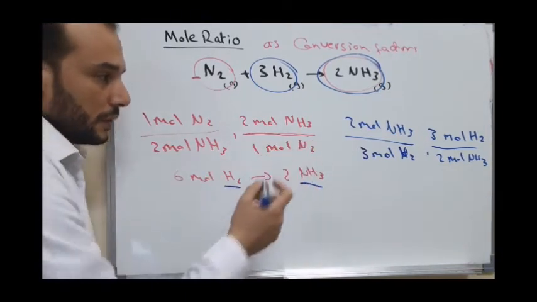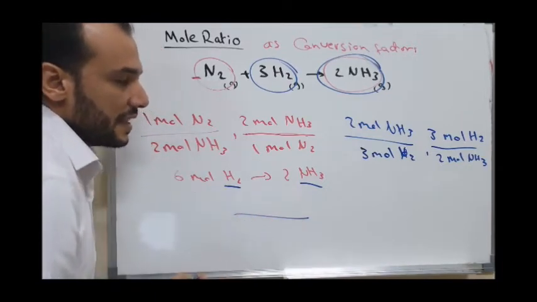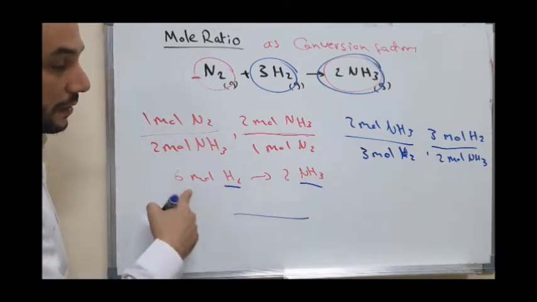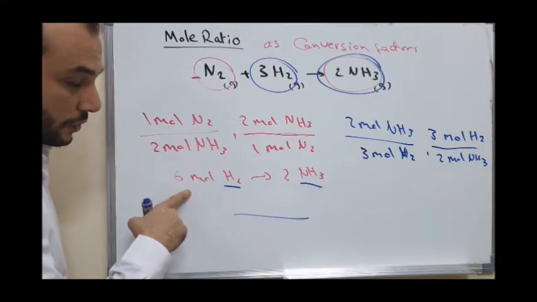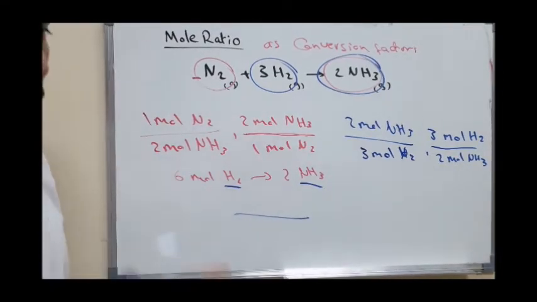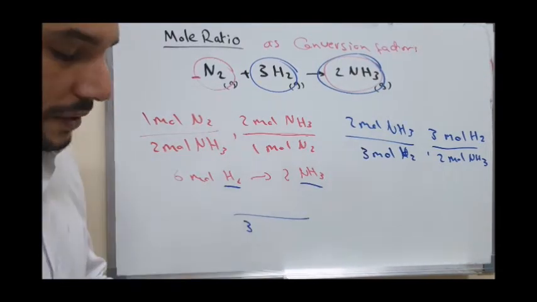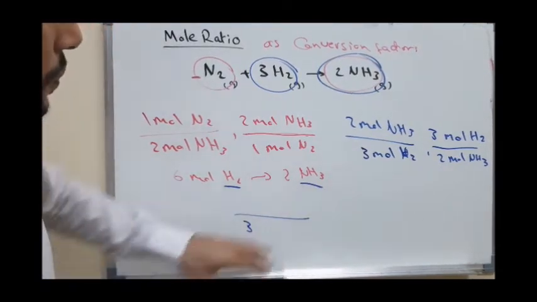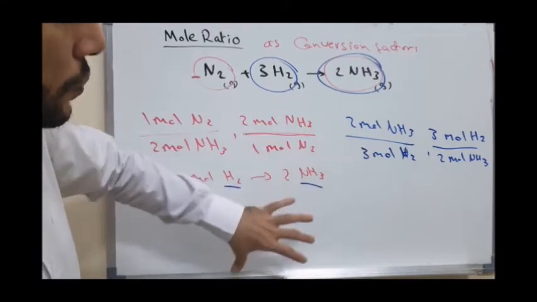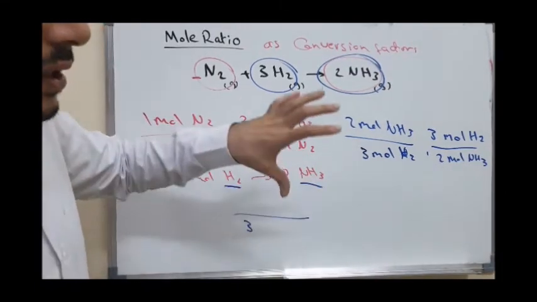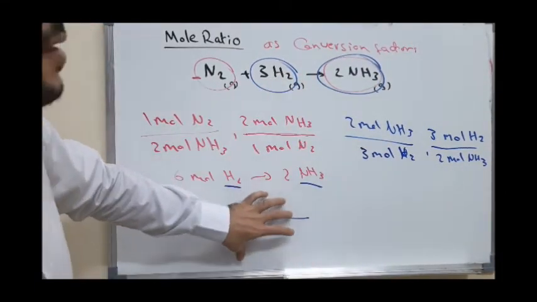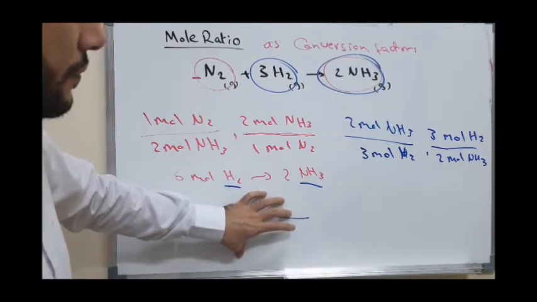So the suitable conversion factor in this case, if we have 6 moles of hydrogen, the denominator will be the known. If we want to solve the problem, the first step is writing the suitable conversion factor.